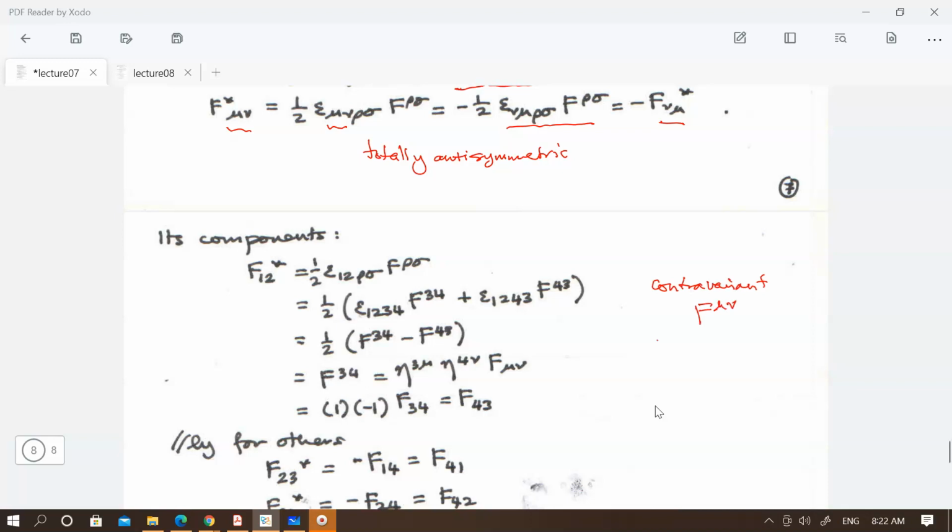The one that we have actually defined previously is the covariant case, and it's similar in a way. This is totally antisymmetric, and this is also totally antisymmetric.